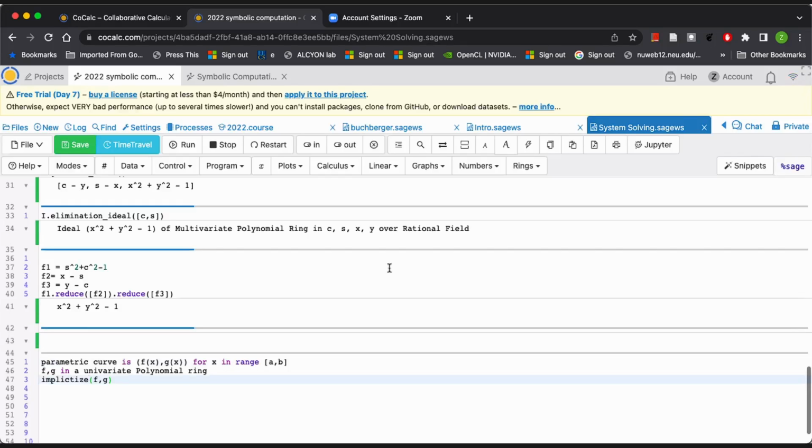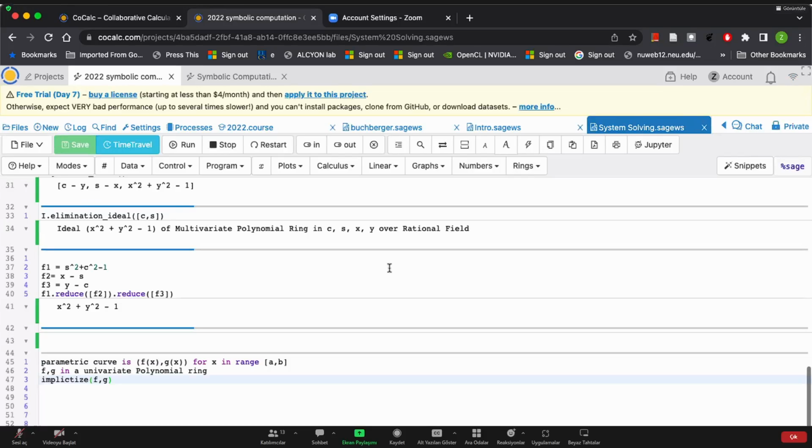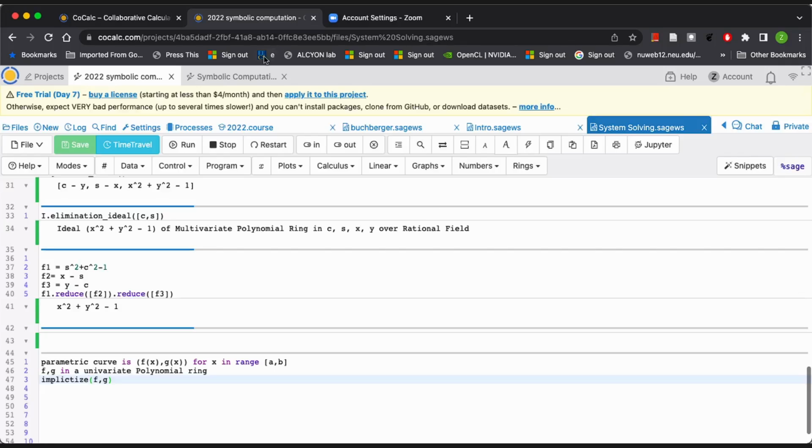Is the question clear? Okay. If you say nothing, I assume it's clear. So you can go to the breakout rooms and start working on it, and I will be coming from room to room. Okay.